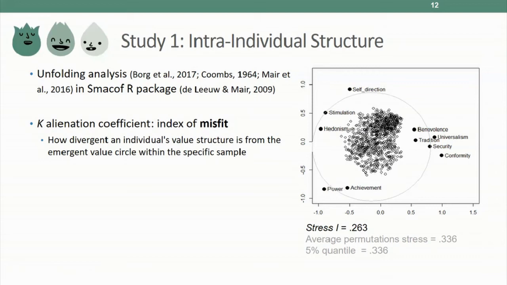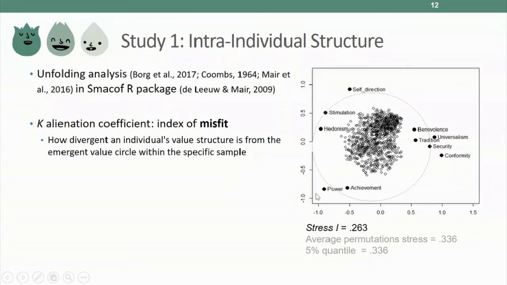For each specific child, each point here in the circle, we extracted the K alienation coefficient. The K alienation coefficient is based on stress. So if you know the stress value, you know the K alienation coefficient. Basically, for each individual, we asked how well their value system is represented by the overall configuration.